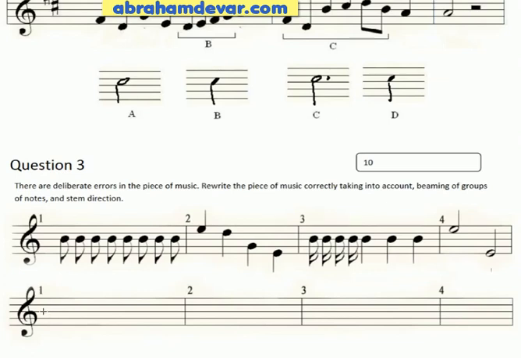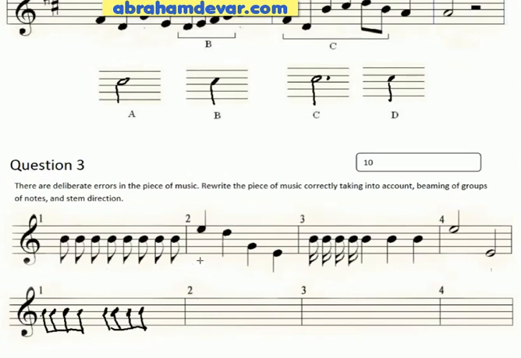So one way to do them is to group them in sets of 4, like so. 1 beam for quavers, and the other 4 will go together like so. And that takes care of the first bar.